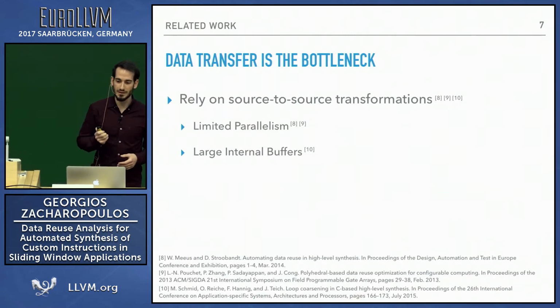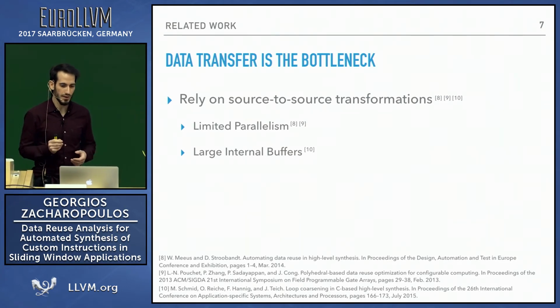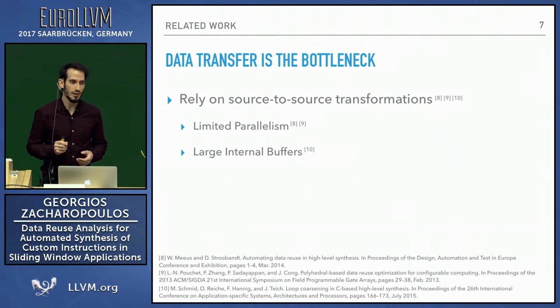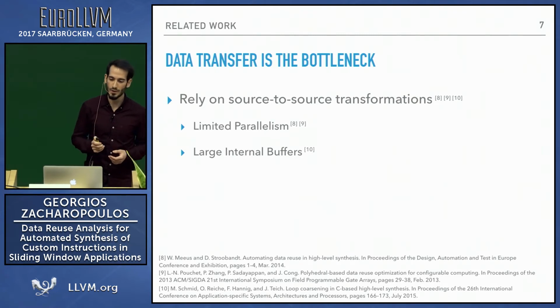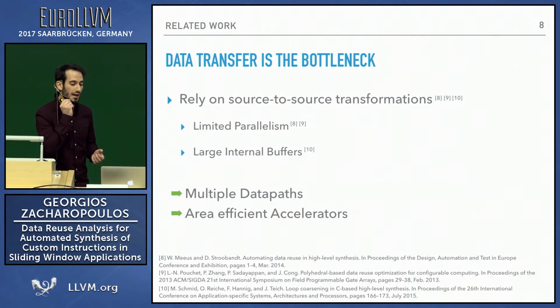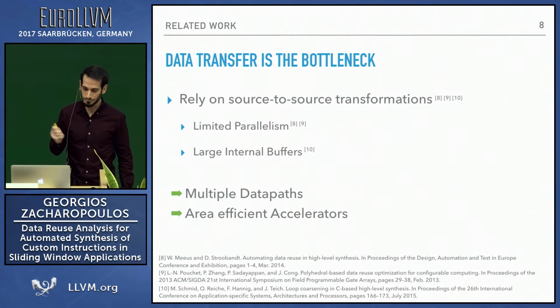Some researchers have already looked into designing custom storage, but their implementations relied too much on source-to-source transformations, and the final implementation had limited parallelism and large internal buffers, making heavy use of resources. What we want to achieve is a final implementation where we can have multiple parallel hardware data paths and more area-efficient accelerators.